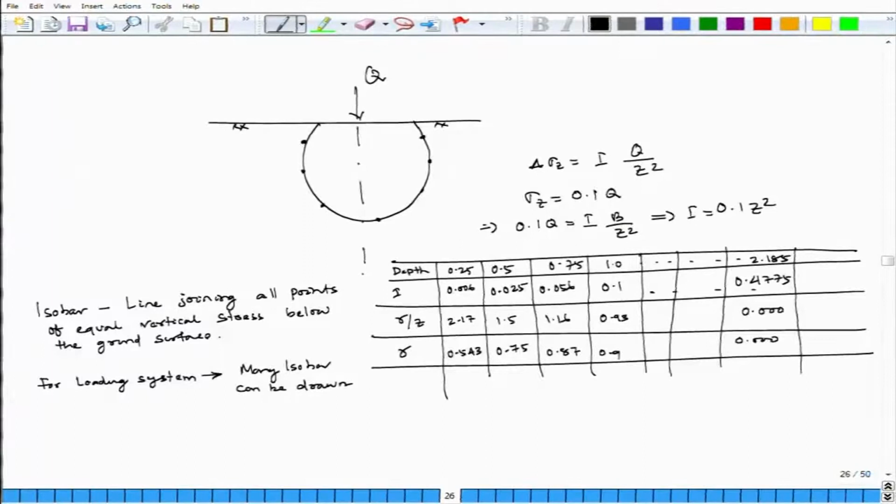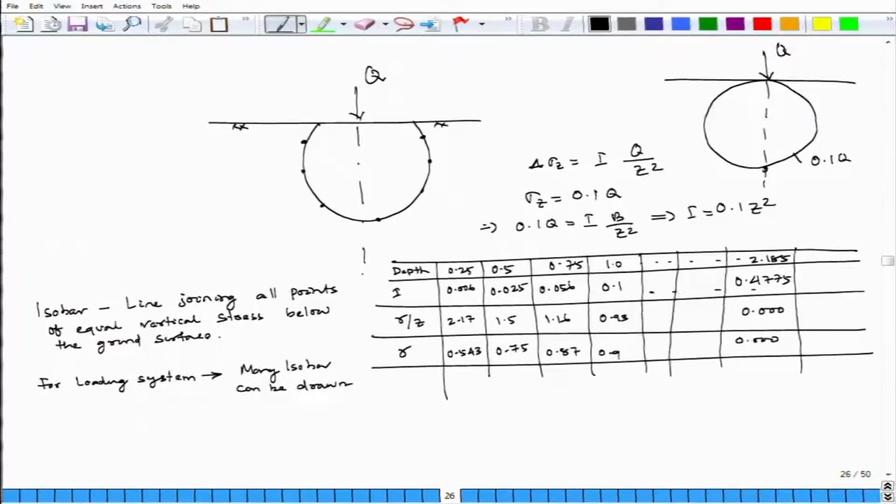For a particular case you draw it, I am drawing it. Look here, this is my point load, which is your Q, and this is your 0.1 Q pressure intensity, and I am getting a pressure bulb.